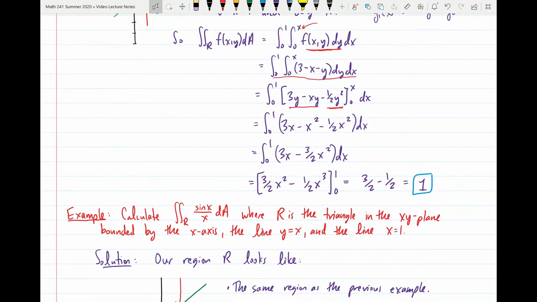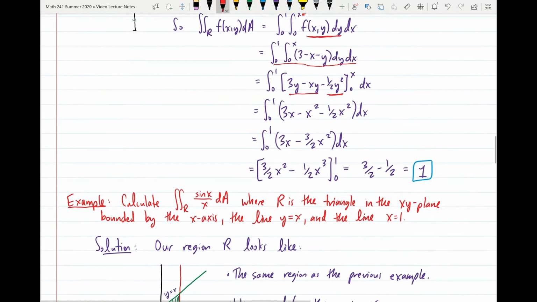And now we can plug in x, and we get 3x minus x squared minus 1/2 x squared. And if we subtract what we get when we plug in 0, we would just get 0. So we're not going to worry about that. And so we end up with the integral from 0 to 1 of 3x minus x squared minus 1/2 x squared dx.